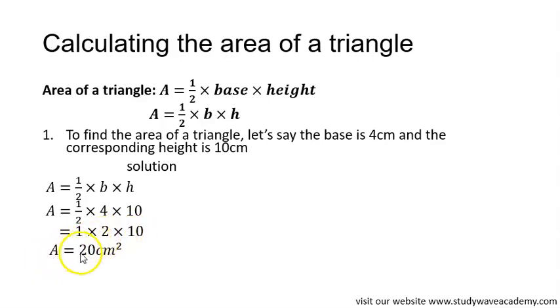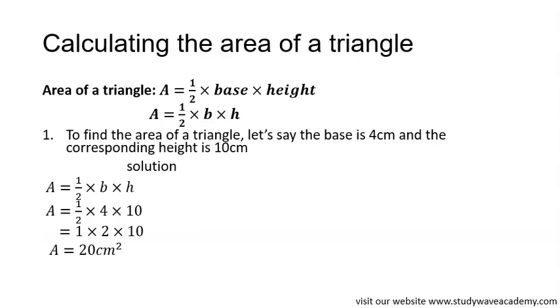So area equals 20 centimeters square, right? Centimeter times centimeter is centimeter square. So the area of a triangle with base 4 centimeters and height 10 centimeters is 20 centimeters square. Do you understand?